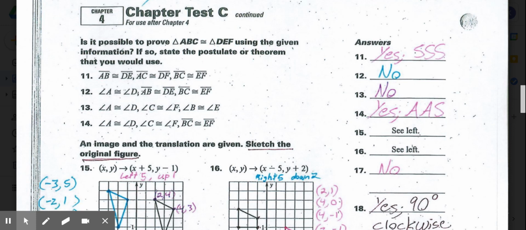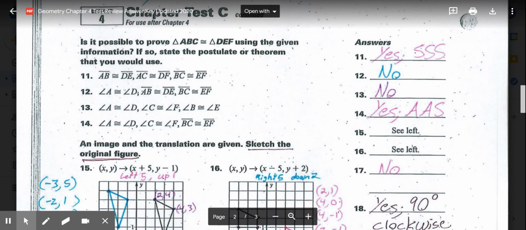We do not have an angle, angle, angle congruence postulate, so 13 would be no. And in 14, when we label what they gave us, that gives us angle, angle, side. So yes, 14 would be angle, angle, side. And again, I'd draw yourself images there, label the parts you know, and see if one of the triangle relationships works.